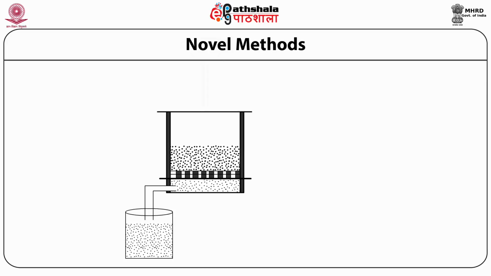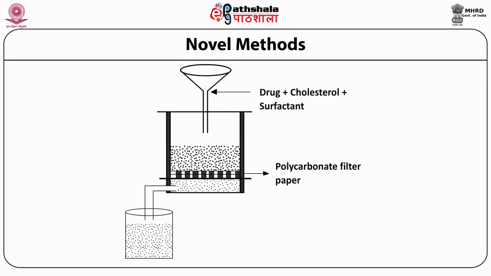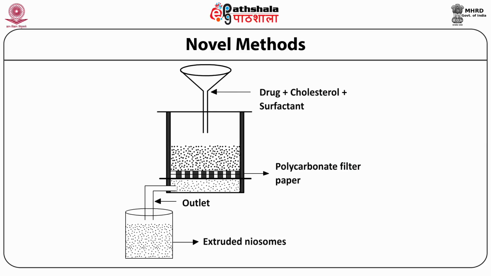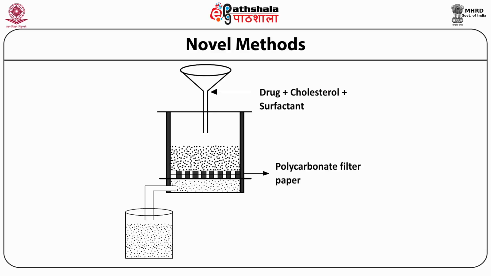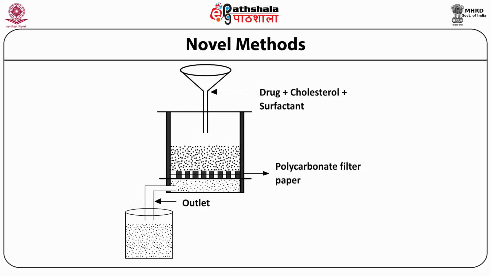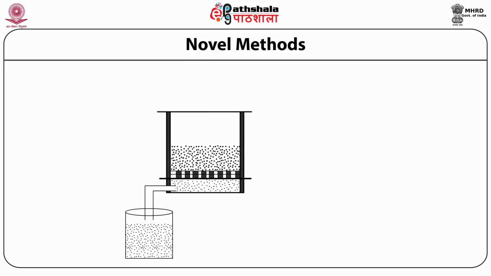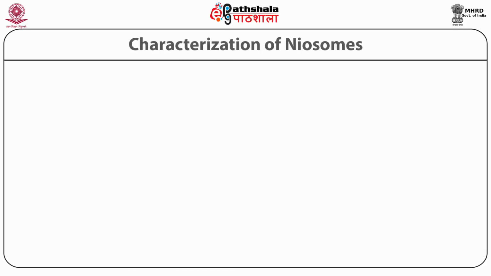So, we allow the solution of the drug, cholesterol and surfactant to pass through this membrane. After passing the membrane, the extruded material is collected in a vessel. This extruded material is the neosome obtained.